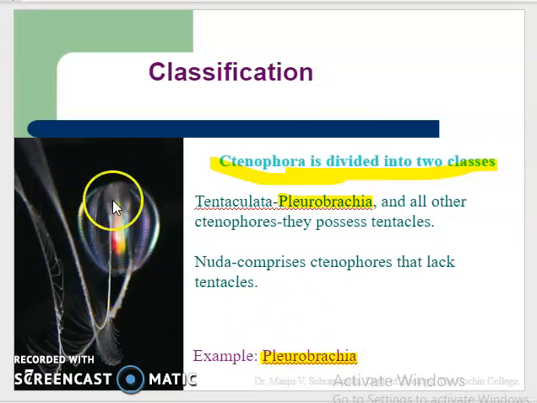So this is a beautiful picture of Pleurobrachia. You can see a fluorescing, transparent organism. This is the long tentacle. So it's a good example for the phylum Ctenophora under the class Tentaculata.